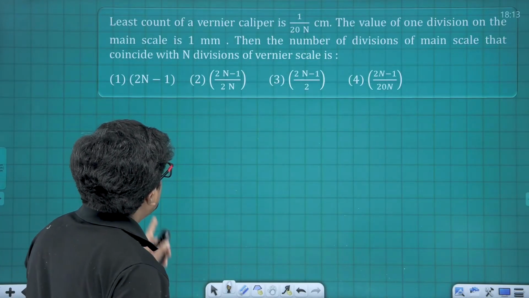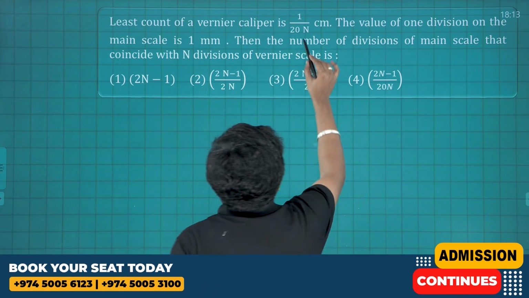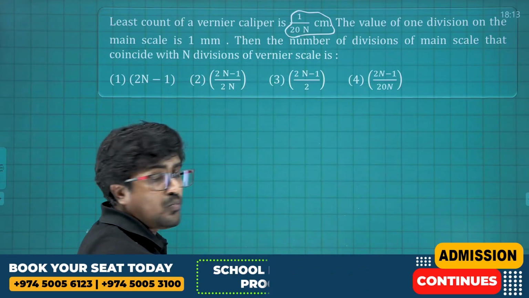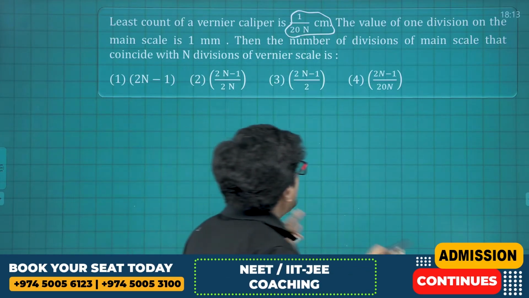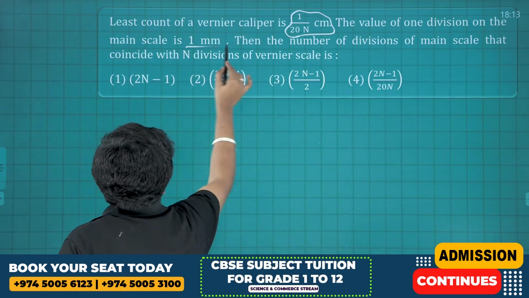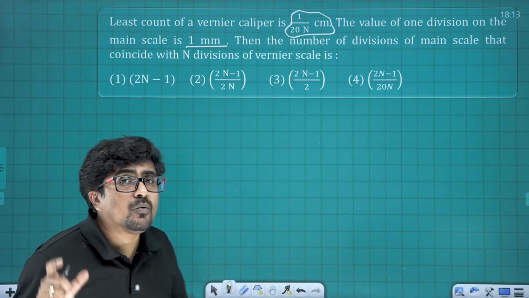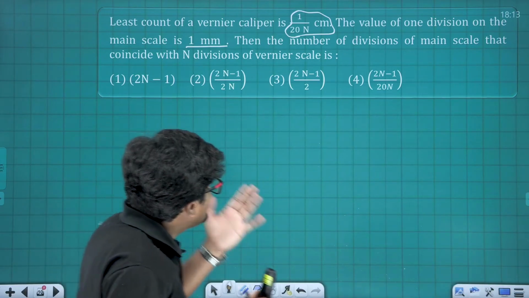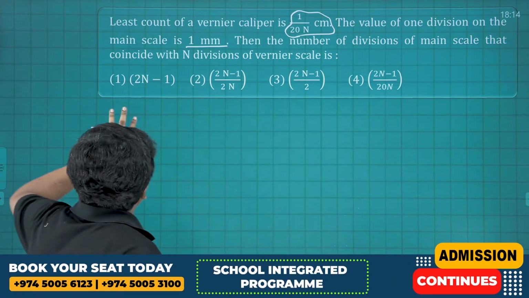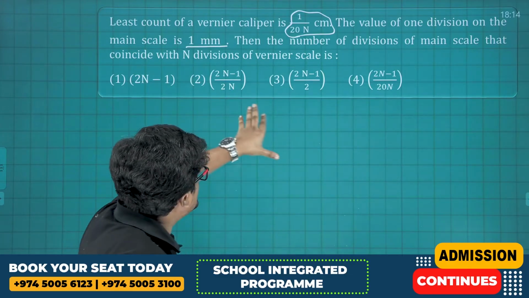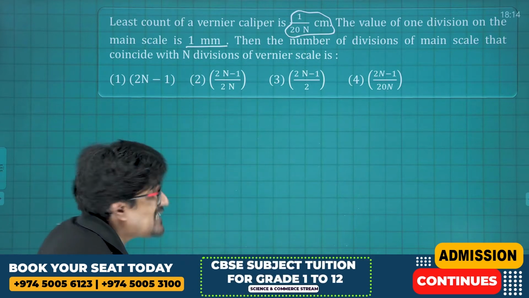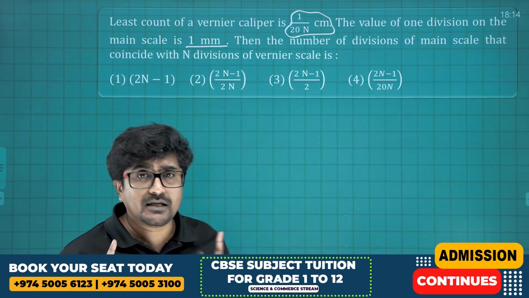The least count of a Vernier caliper is 1 by 20 centimeter. The value of one division on the main scale is 1 millimeter, that is 1 MSD is given as 1 millimeter. Then the number of divisions of main scale that coincide with capital N divisions of Vernier scale is, that is the question.